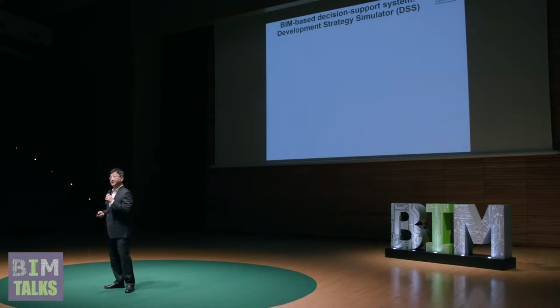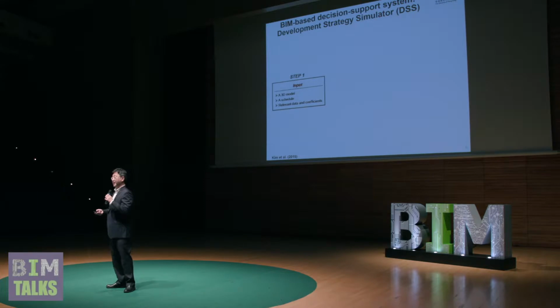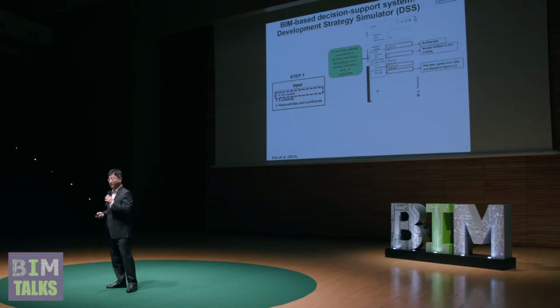To overcome this challenge, I developed a BIM-based decision support method for master planning of large-scale development, also called the development strategy simulator, which I call DSS. This method first formalizes 3D information, like building type and plot ratio.